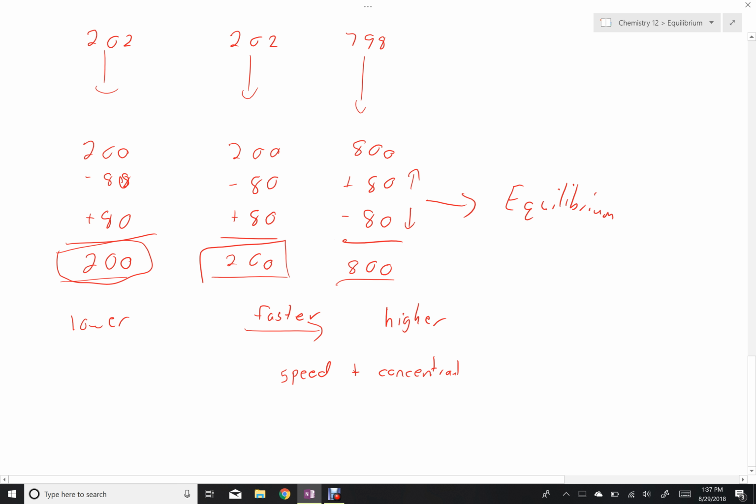And when we take those two things both into account, the reaction rates become equal. So because this reaction was faster, it had to have a lower population, and because this reaction was slower, it had to have a higher population to make up the difference and make the overall reaction rates equal.